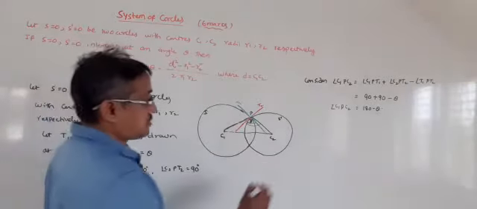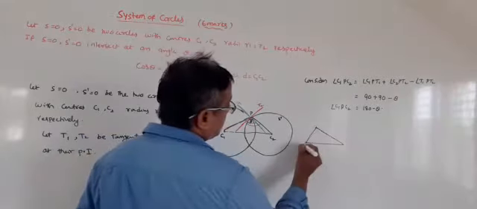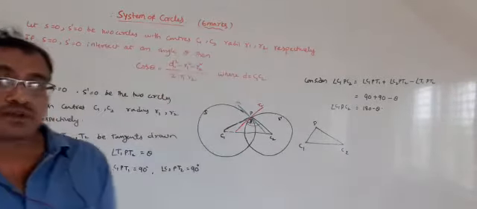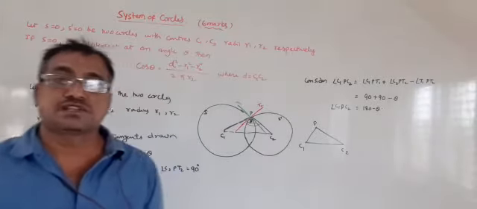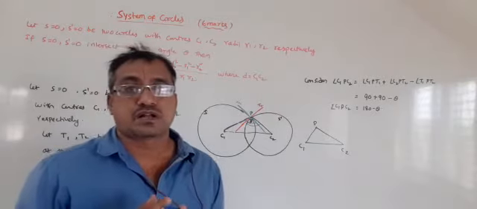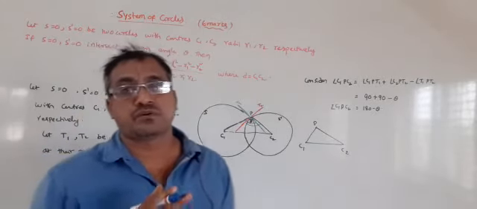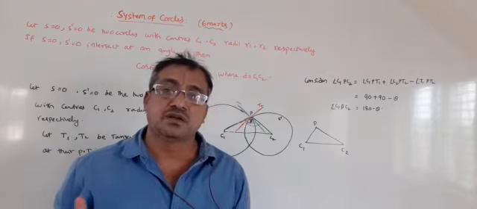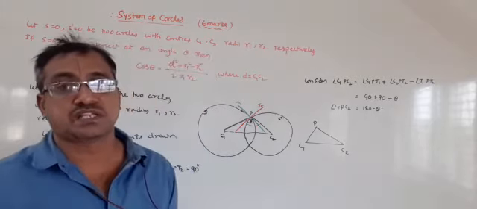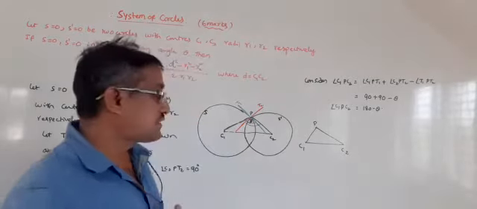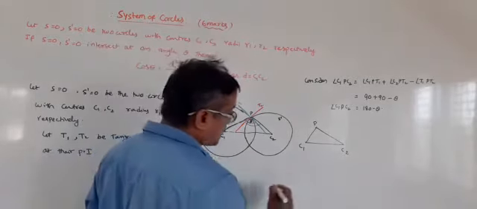Now this is the triangle you are having, C1PC2. From the properties of triangles chapter in 1A, you have cos A = (b² + c² - a²) / 2bc. That is the cosine rule. Now let us apply the cosine rule.